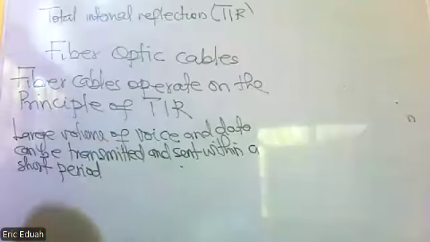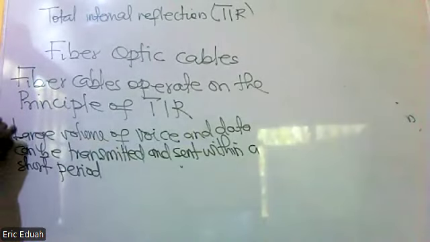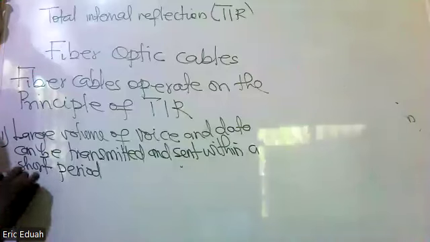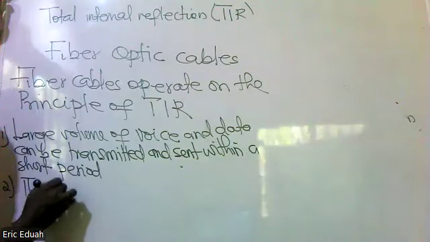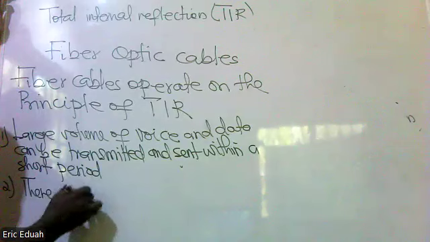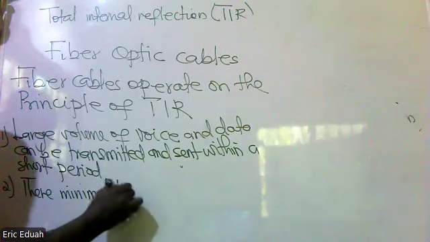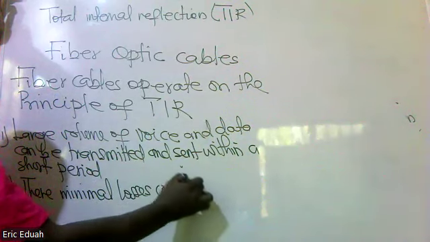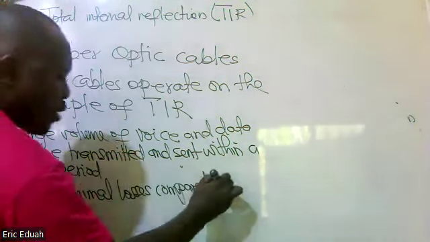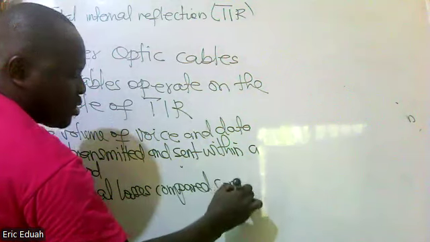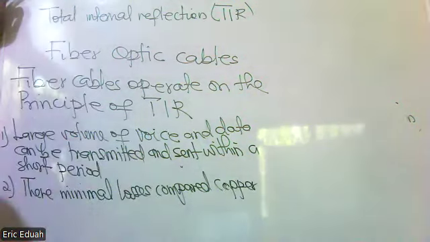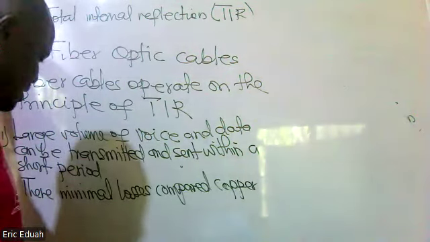That is one advantage of using fiber cables over copper wire. Then the other advantage is that there are minimal losses compared to copper wire. Minimal, because no machine is 100% efficient.